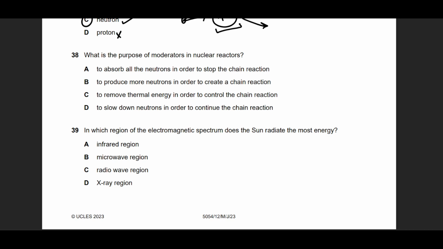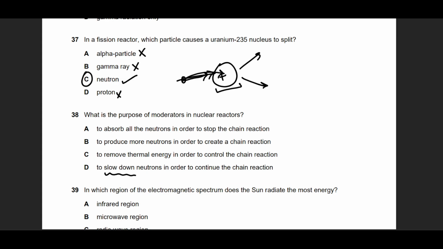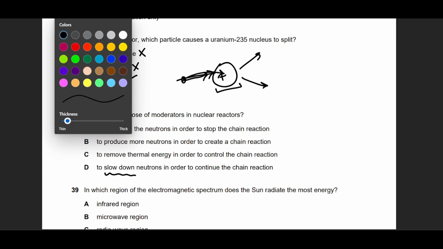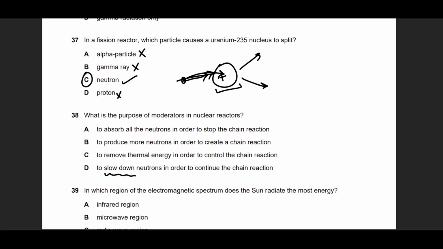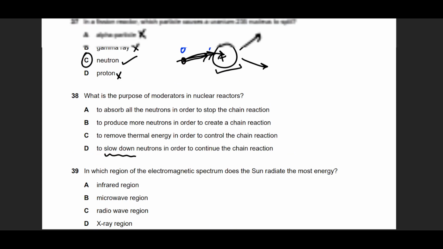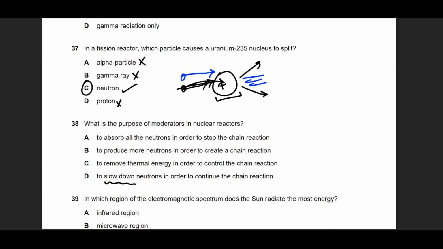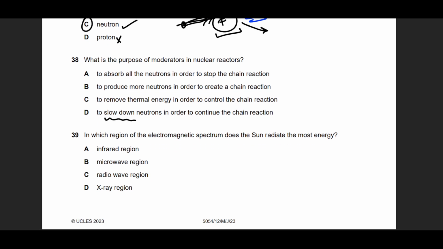What is the purpose of the moderators? Now, you have to remember this, you have to memorize this. The moderators' only job is to slow down neutrons and bring their energy to such a level that they can at least be captured by the uranium atom. If they're too energetic, chances are that they won't have enough time to actually enter or actually create an imbalance in the uranium nucleus. So we have to reduce their energy the moment they get released out of the uranium nucleus. So moderators are there to slow down the neutrons.